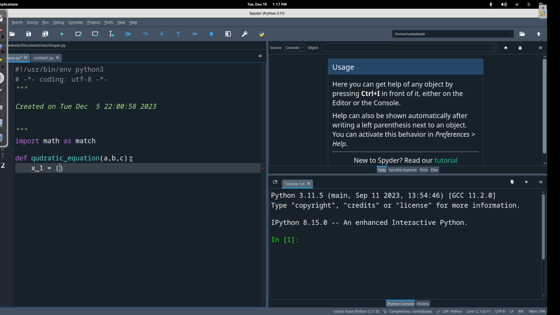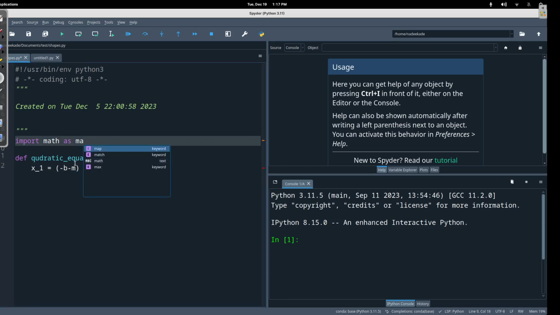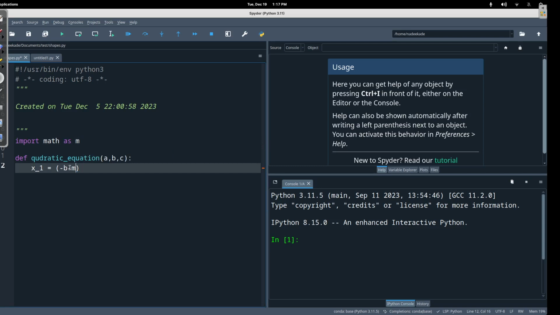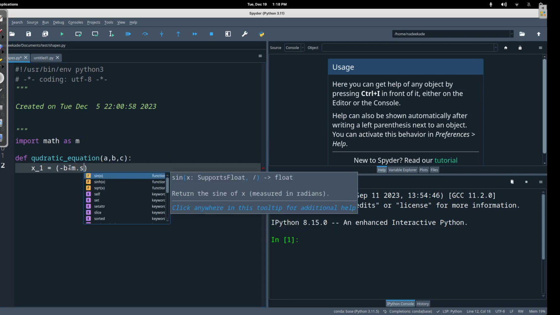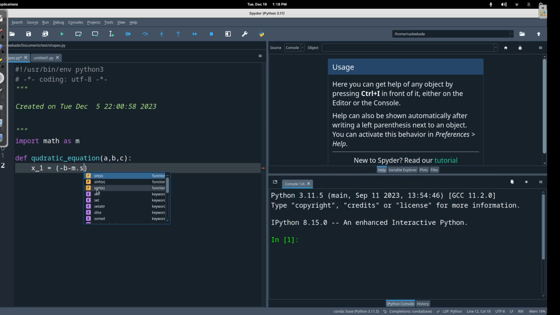So minus b minus the square root of b squared minus 4ac, inside the square root. So I will have to use m. Here I intended to use m, not math, then it's easier. m dot sqrt, this guy.